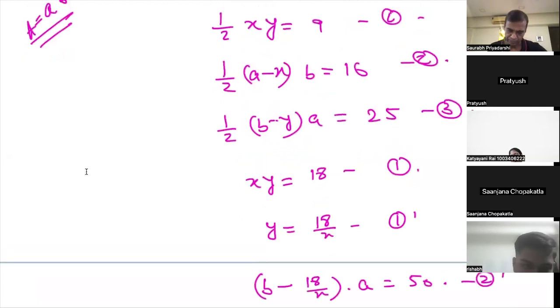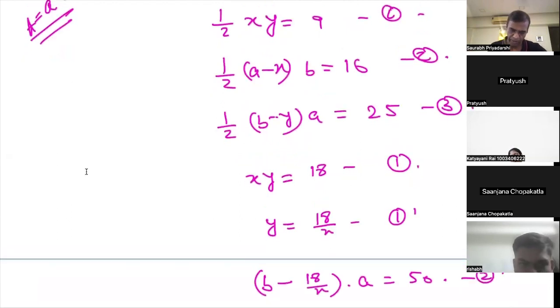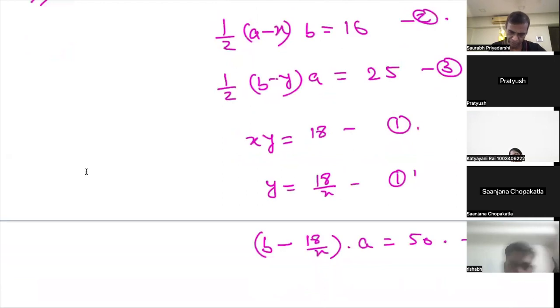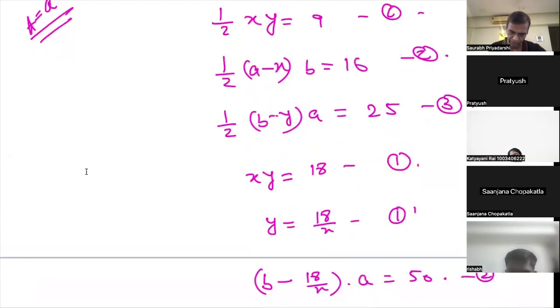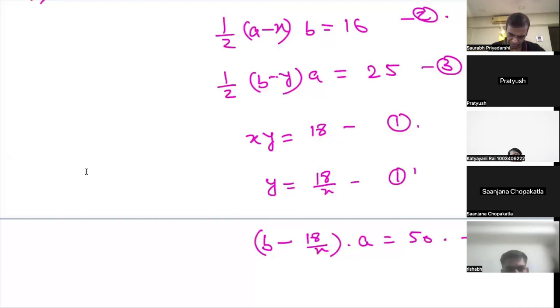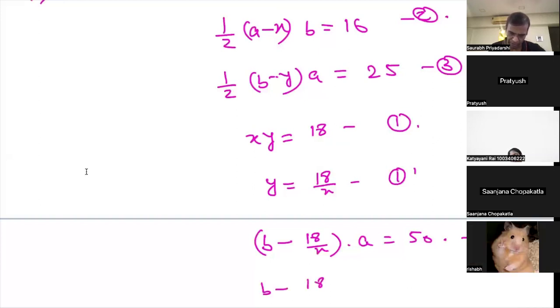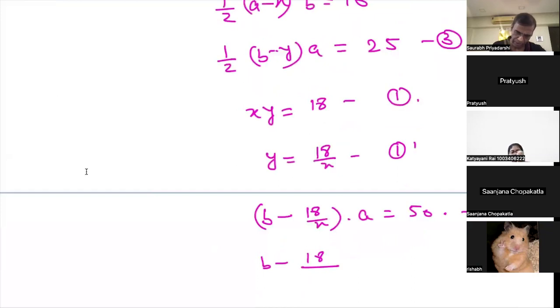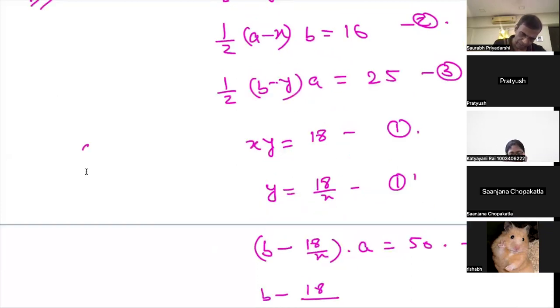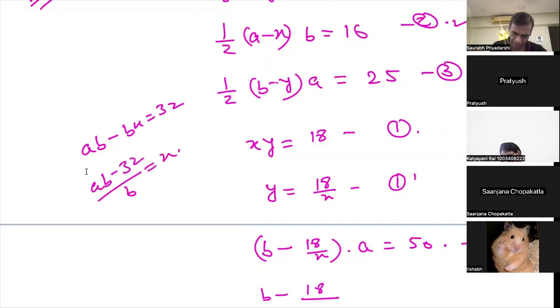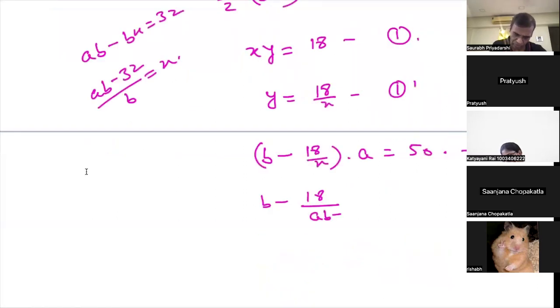The value of x comes from AB minus BX is equal to 32, or AB minus 32 by B is nothing but x.